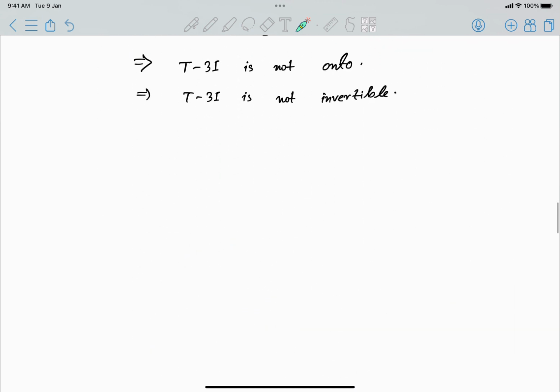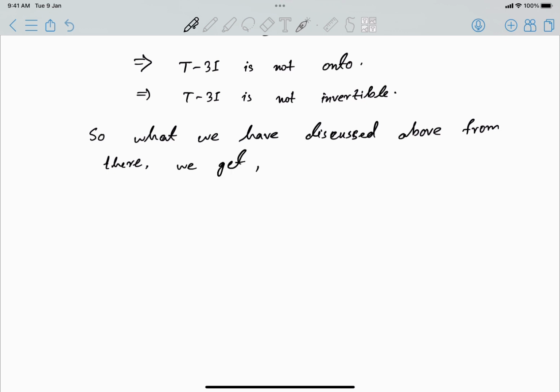So from that result, what we have discussed above, we get 3 is an eigenvalue of T, right?